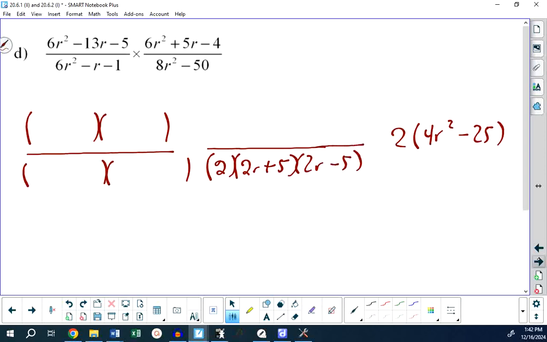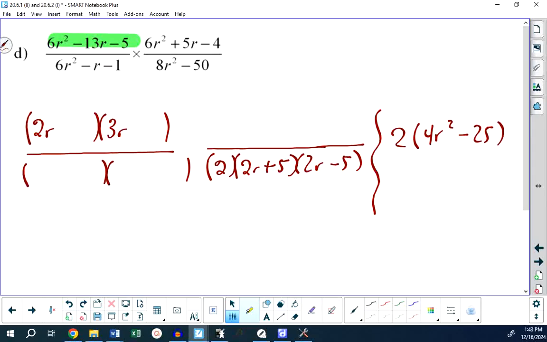And here's where the working smarter, not harder comes in. There are factors in the denominator that have 2r in them, which means if I go to, say, this one, I suspect it's going to be 2r and 3r.